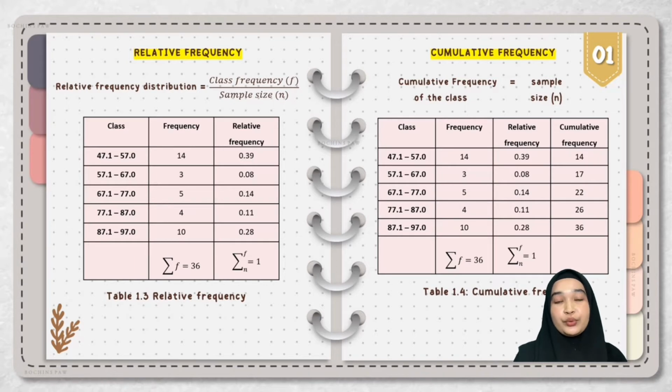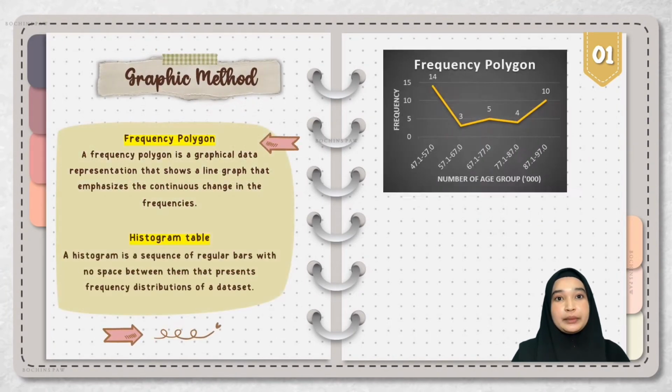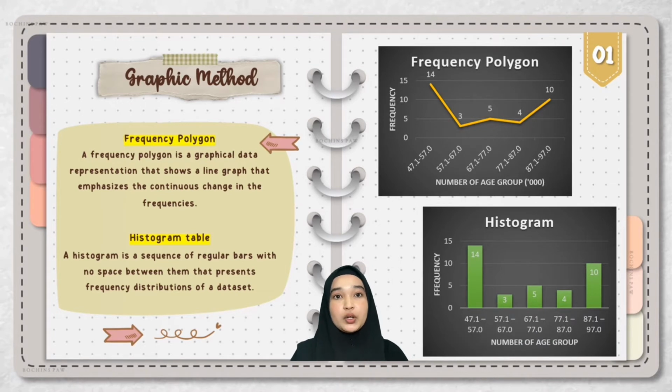Alright, so you will get the answer. Next, graphic method. To complete this report, we use the graphs of frequency polygon and also histogram. Frequency polygon. Okay, what is a frequency polygon?